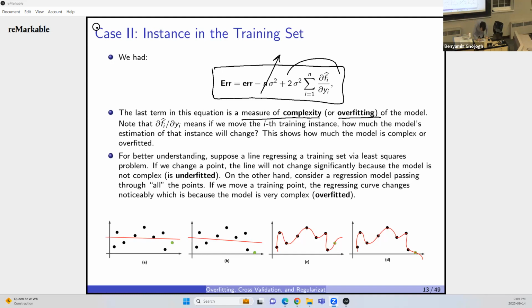Why? What is this derivative? Derivative of what? What is fi hat? The predicted output for xi. Derivative of that with respect to yi, my ith label, my actual. So it means that I have xi, yi in my training data. It's training, right? Xi and yi in this case is in the training set.